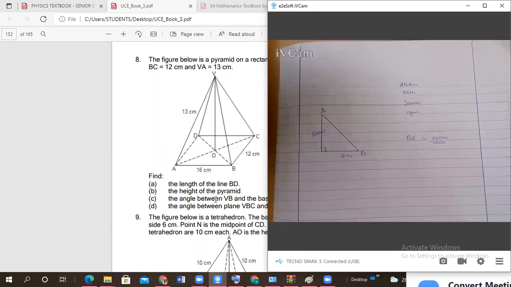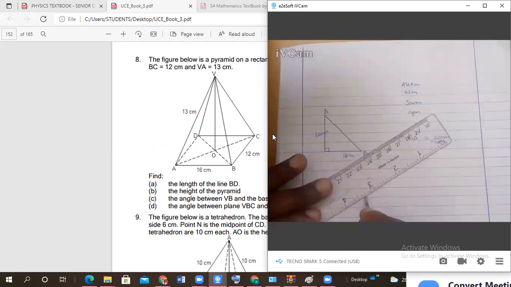She first had to consider the triangle ABC, the triangle at the base. If I draw it the way it is, it appears like this.